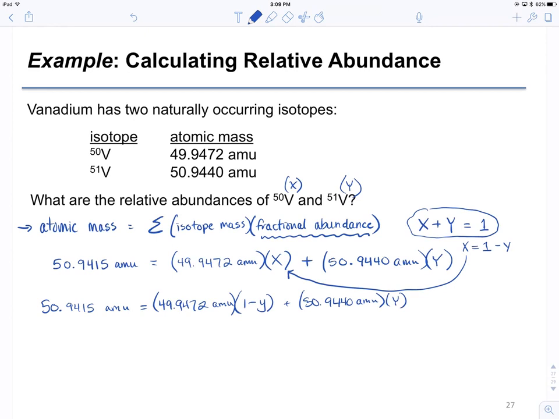All right, so quickly solving here. We're going to subtract 49.9472 from both sides.